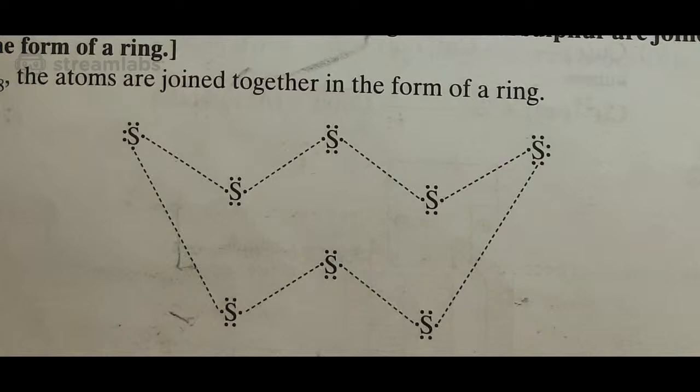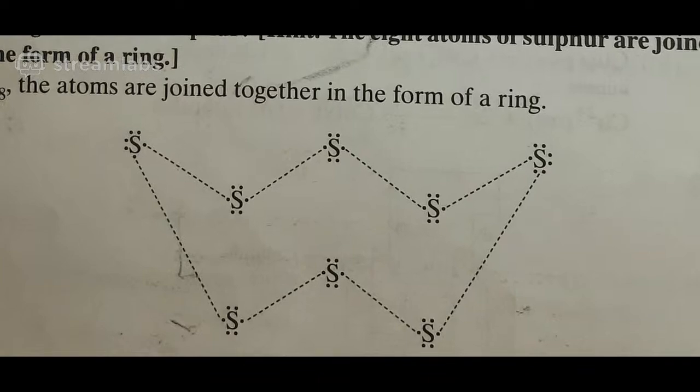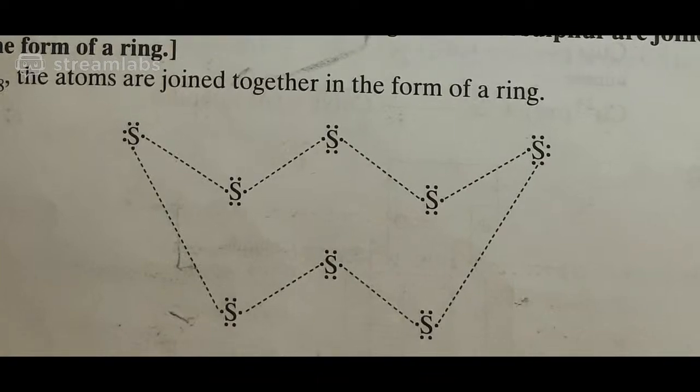And look at the center one, already one bond is formed, and then you go with the other bond, so that even the center sulfur will also have 2 bonds. Already one bond is formed and shared 1 electron, and now share the other electron with the other sulfur atom. It continues till the corner sulfur.